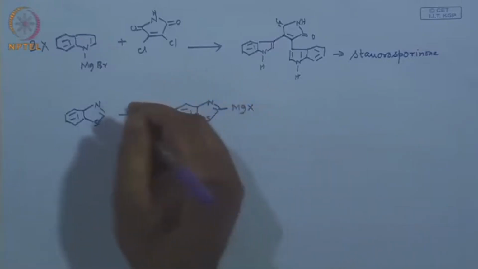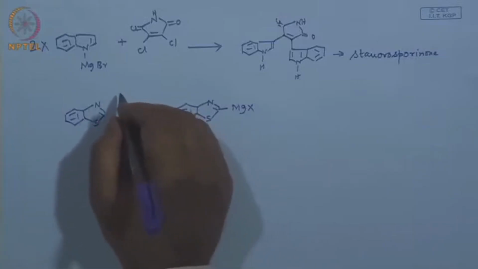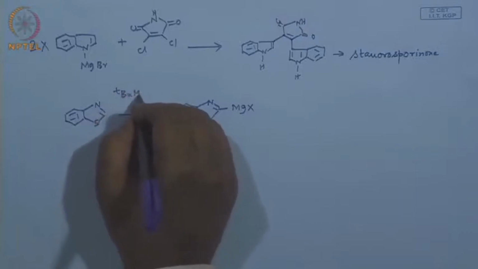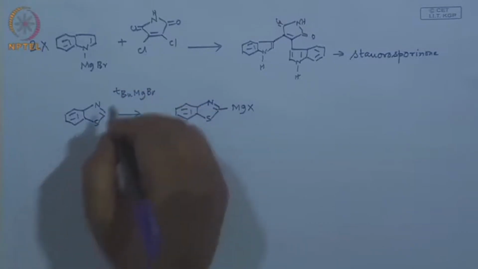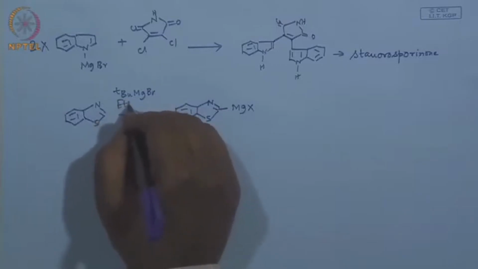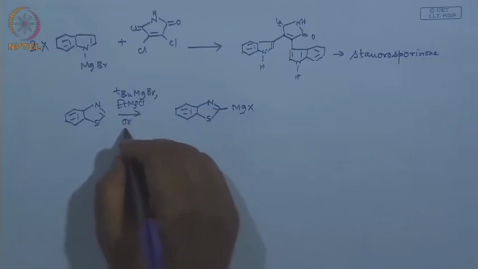So far we have seen methyl magnesium bromide, but typically in this example tertiary butyl magnesium bromide could be used, ethyl magnesium chloride could be used, or ethyl magnesium bromide could be used.